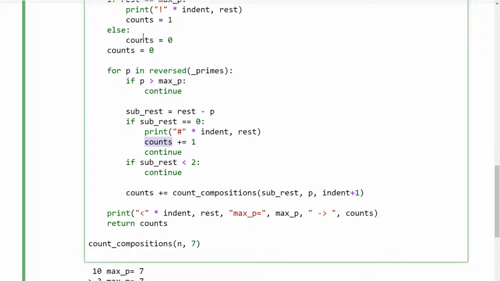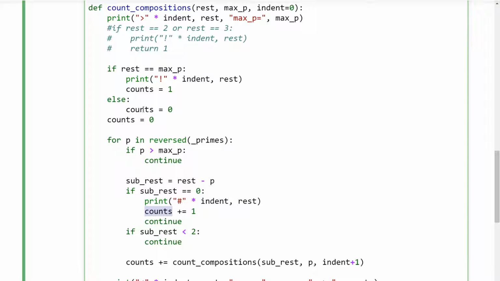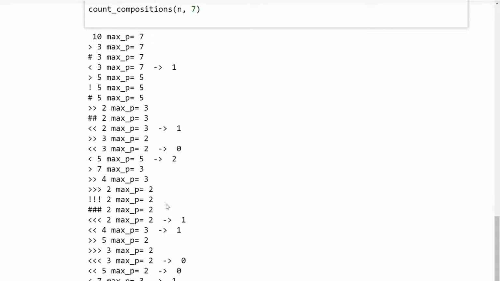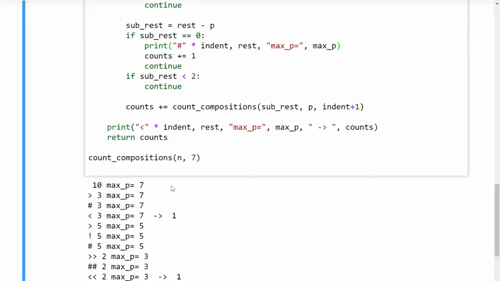I said counts, counts was 0. No, it wasn't. Rest, rest, rest. None of this makes sense. I'm counting twice, aren't I?